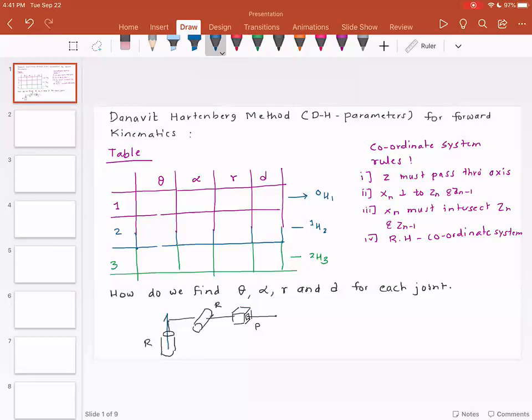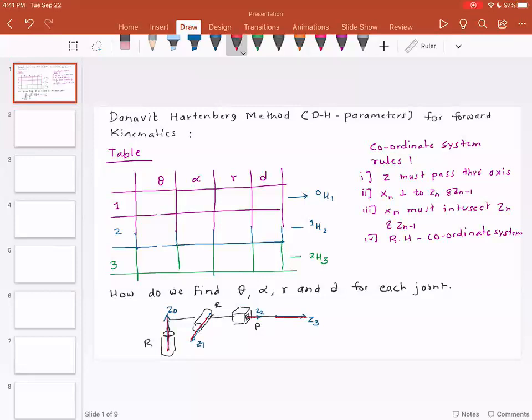So this is going to be my Z0, this is going to be my Z1, this is going to be my Z2, and this is going to be my Z3. So you have different coordinate systems, different Z's.